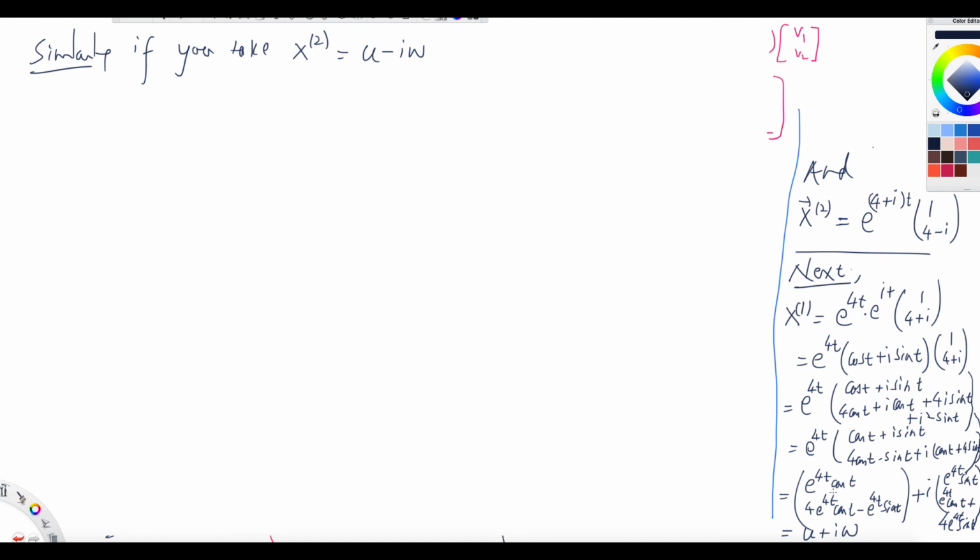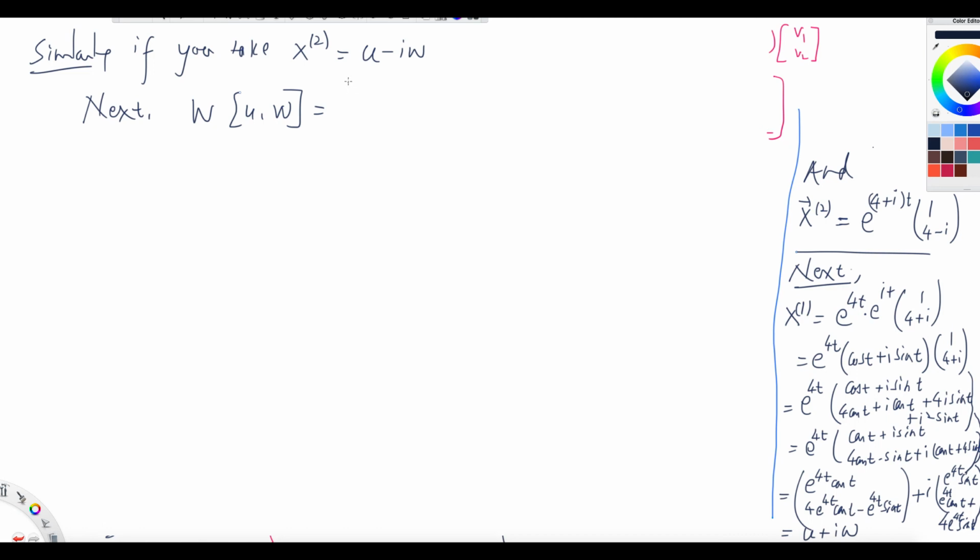So how do I find the general solution? First of all you need to check the value of the Wronskian. The Wronskian of u and w is the determinant where you write down the vector u and the vector w.